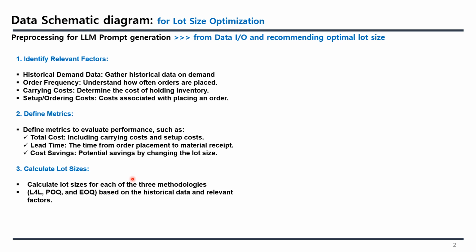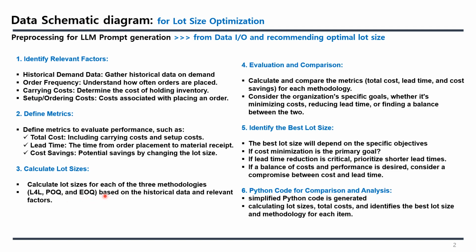Then I continue calculating the lot size by each methodology, typical methodologies like lot for lot, POQ, or EOQ, depending on the organization's specific goals: whether they are aiming for cost minimization, or want to reduce the lead time, or find a balance between the two, because cost minimization and lead time reduction are in conflict of interest.